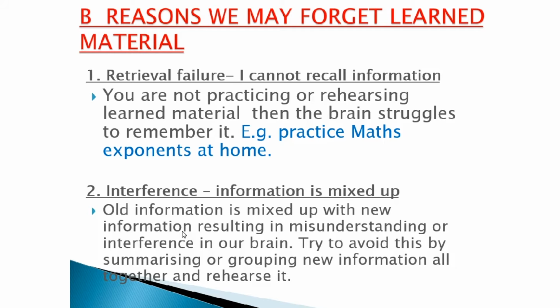Then the brain tends to struggle to remember it. Like for an example, in class, you were doing an exercise about exponents in math. Then you were given homework to practice.